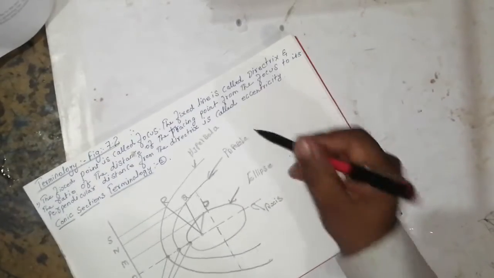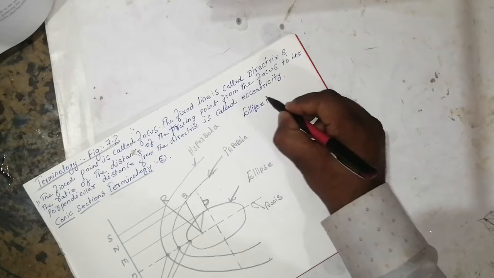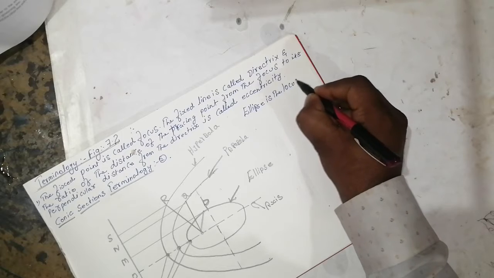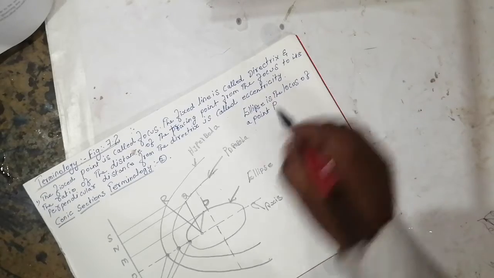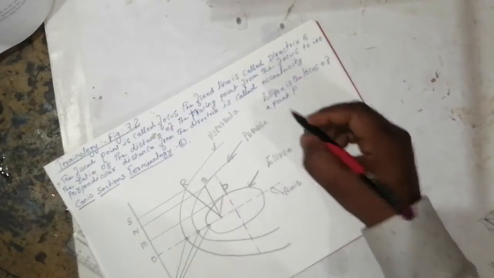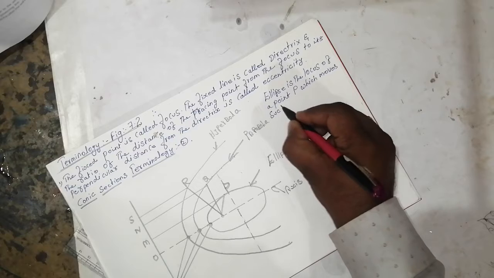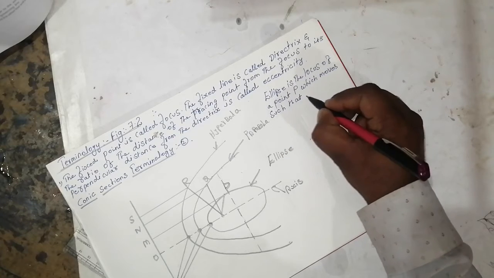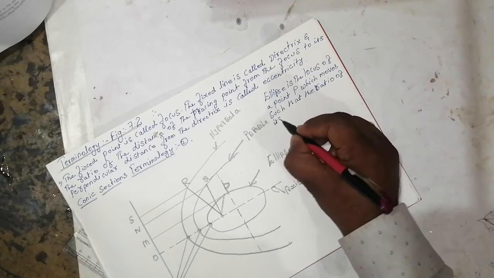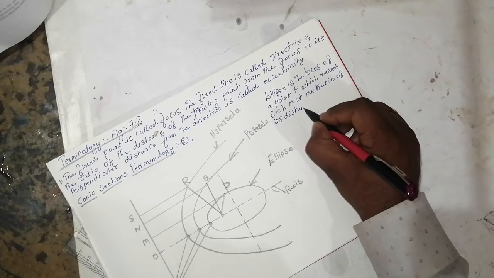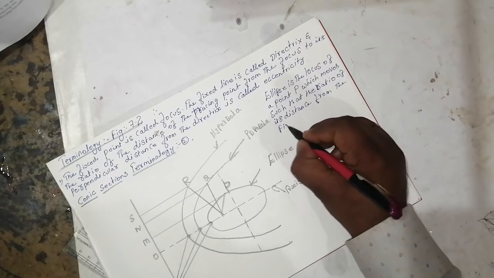Then how the formula will be created for the ellipse. The ellipse is the locus of a point P, which moves such that the ratio of its distance from the fixed point.